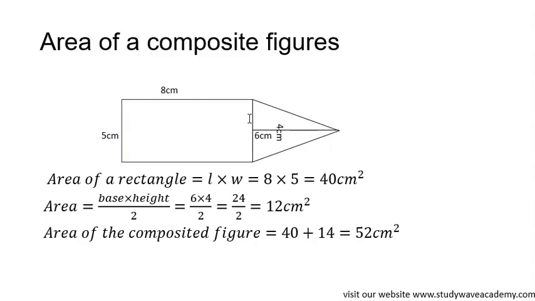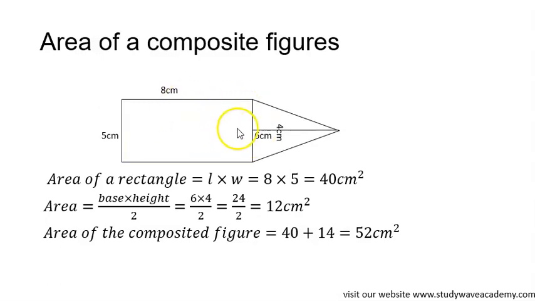Now when calculating the area of a composite figure, what do you do? To find the area of a composite figure, you break it into simpler shapes, then find the area of each and then add or subtract as needed.